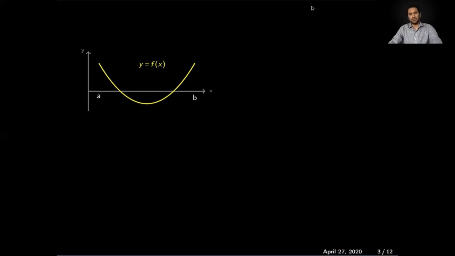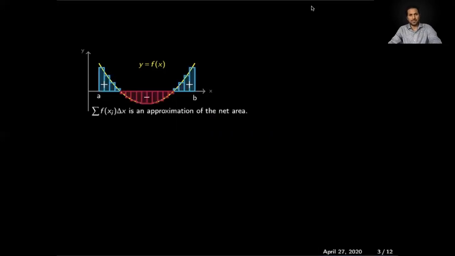And if we use the same Riemann sum technique here, dividing the region into rectangular pieces, there will be some rectangles above the x-axis and some below the x-axis. If you calculate the area of these rectangles, it will give you a positive quantity.